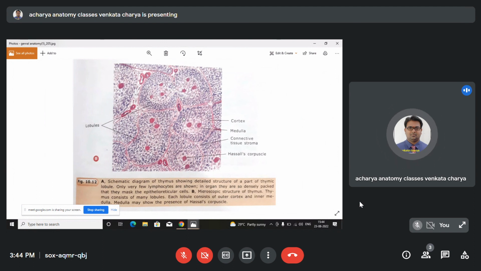The connective tissue septa. Here there is the presence of fully matured lymphocytes. And here there is the presence of germinal centers.